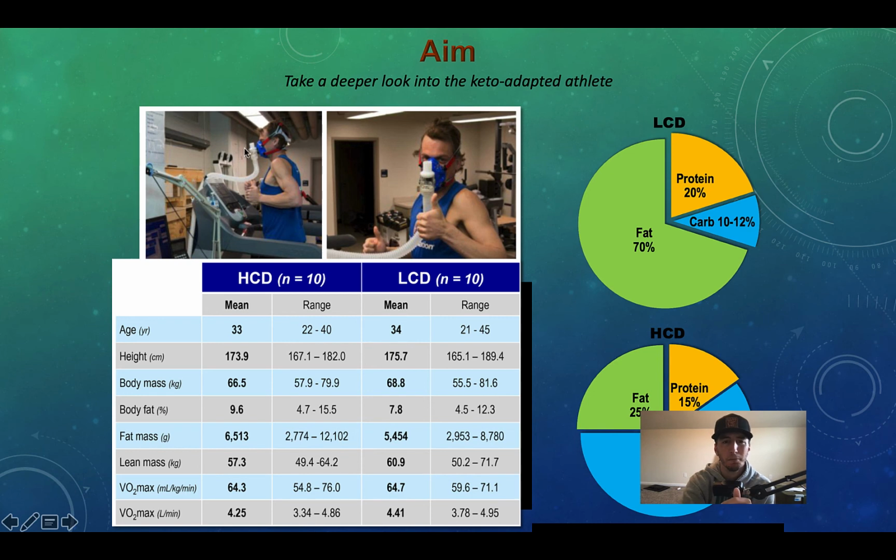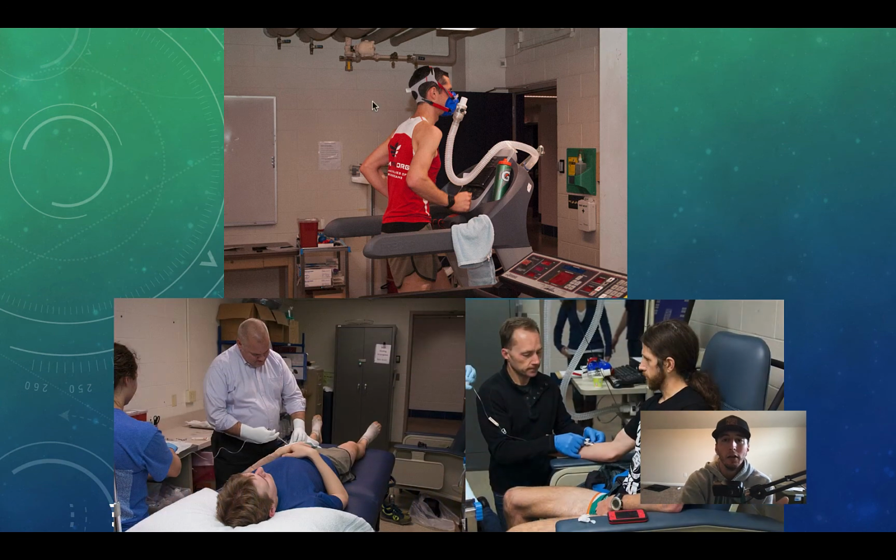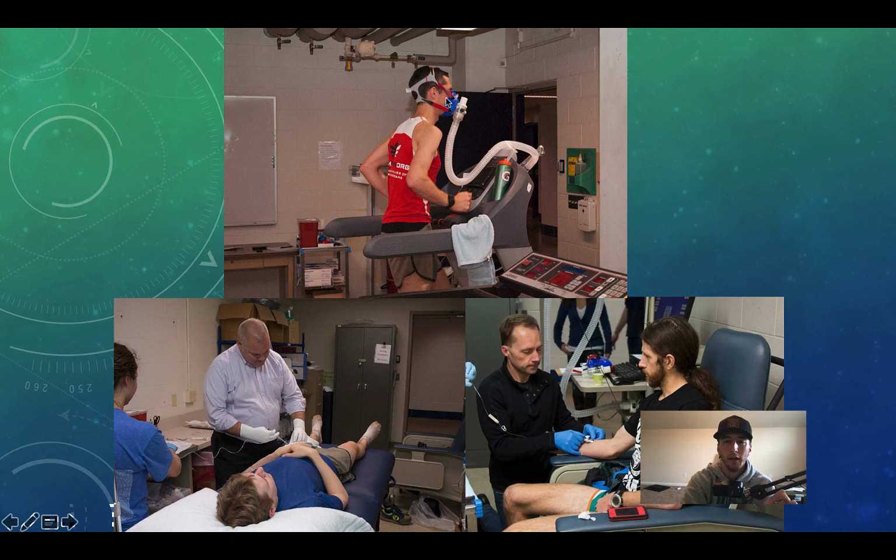You can see this mask is affixed to this man's face. This mask is actually going to be measuring oxygen and carbon dioxide levels so that we can get an estimate of how much fat or how much carbohydrate they're burning based on how much CO2 they're producing. Here's another athlete with the mask on.